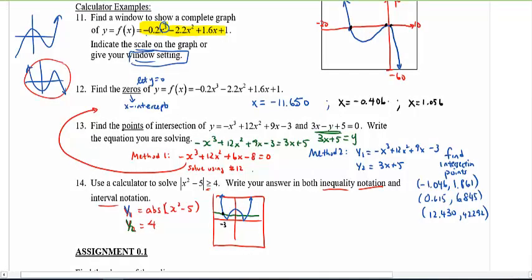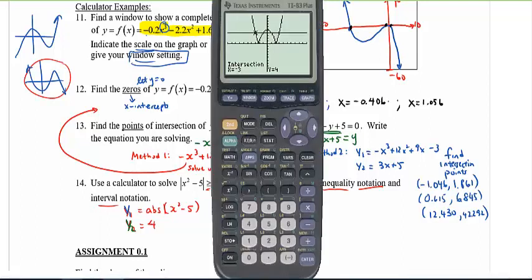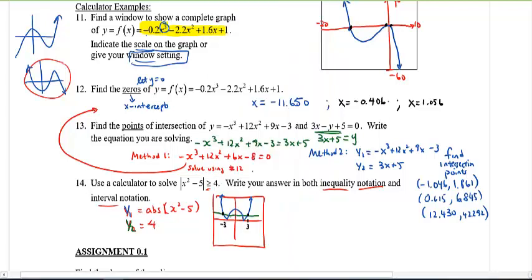By symmetry, it's also going to be here at positive 3. I'll do it one more time. Enter. Enter. Looks like negative 1. Yes, and by symmetry, also positive 1.